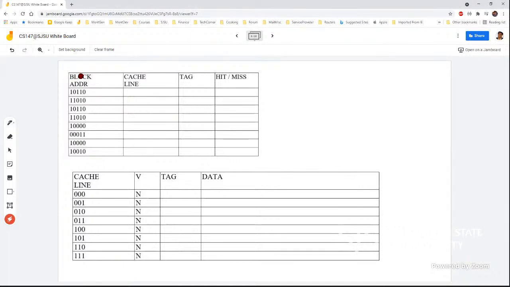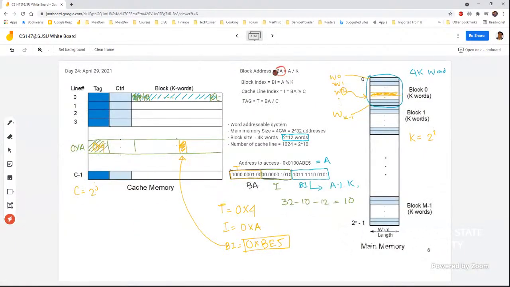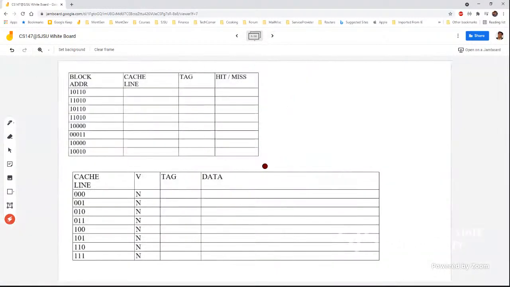We don't know the original address or block index, and we're not interested in that. We're just operating on the block address itself, which we already computed, and that is being accessed in this scenario. We want to see what dynamic situations happen.